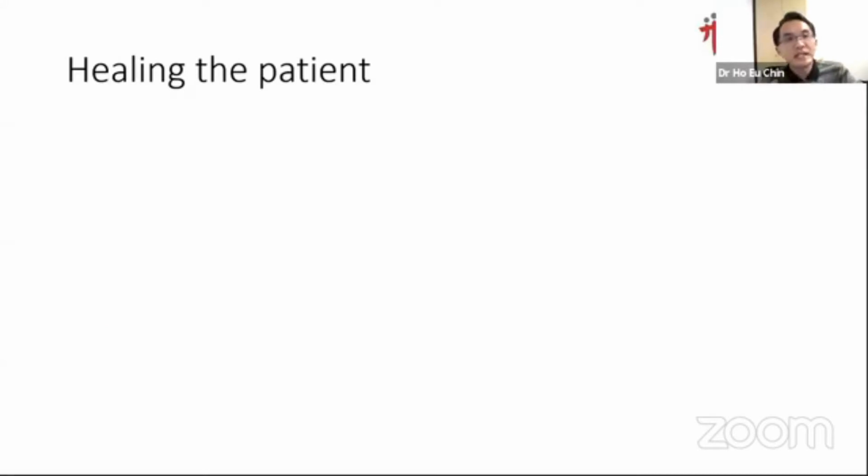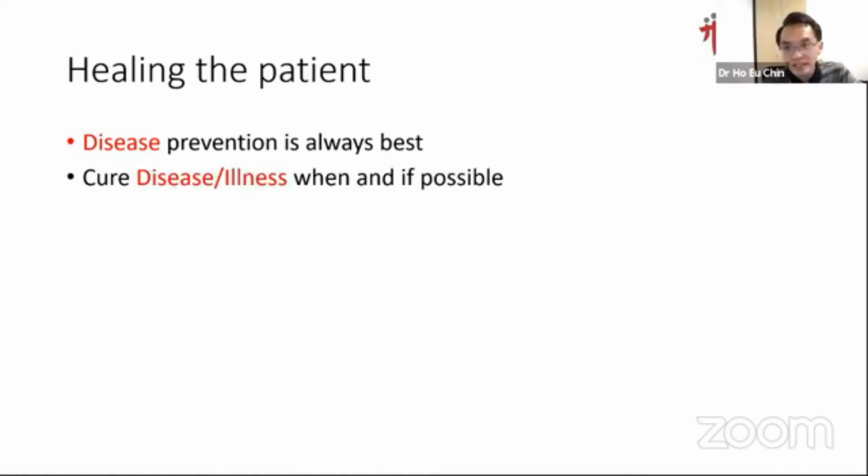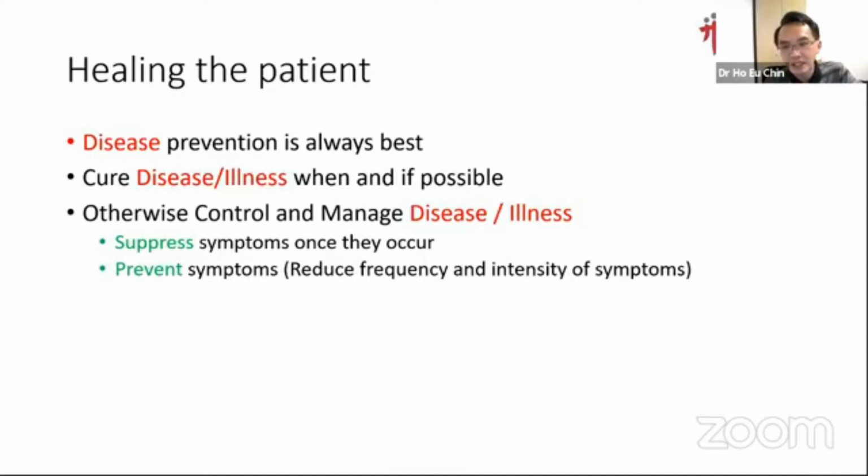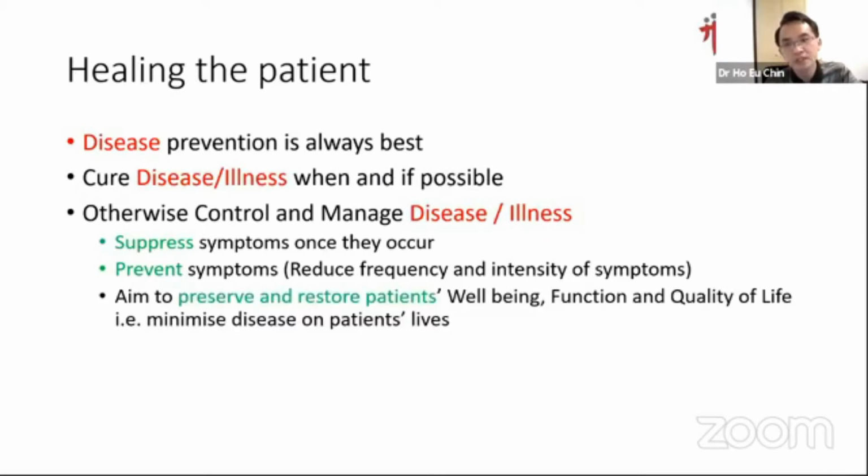So let's talk about healing the patient, right? As I've said earlier, disease prevention is always best. We try to cure the disease and illness when and if possible. Otherwise, we control and manage the disease and the illness. Suppress the symptoms once they occur. Prevent the symptoms, meaning we try to reduce the frequency and intensity of symptoms.